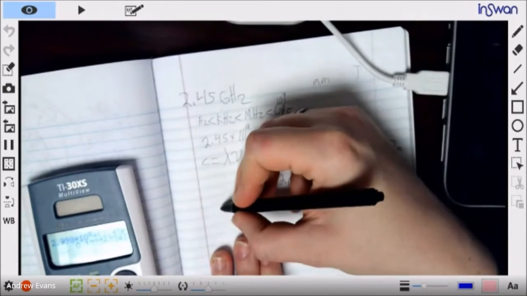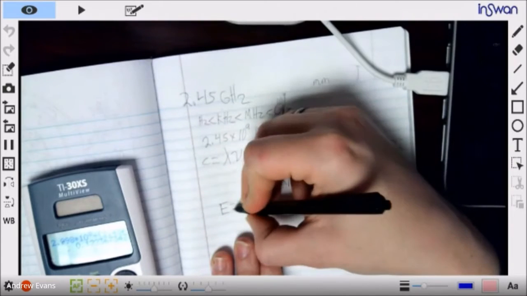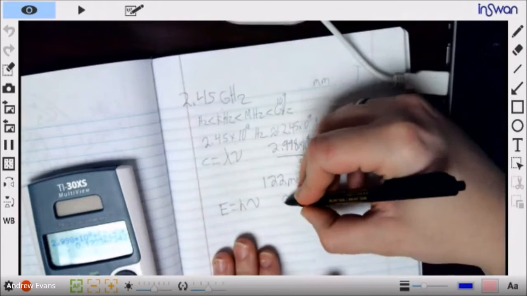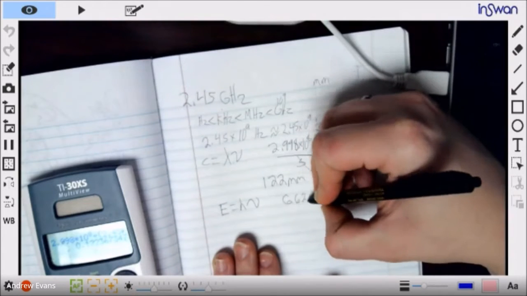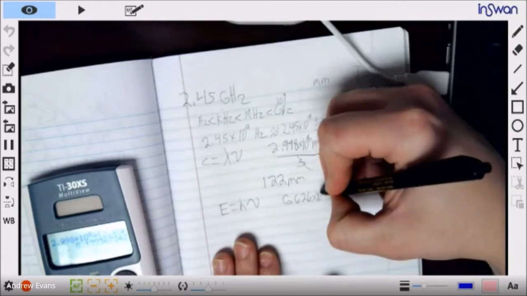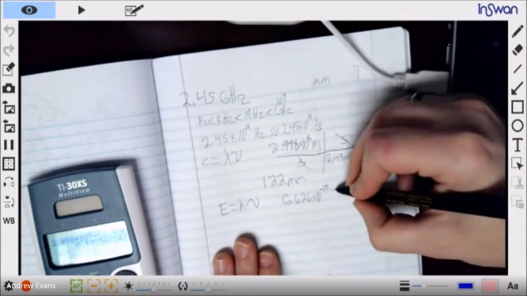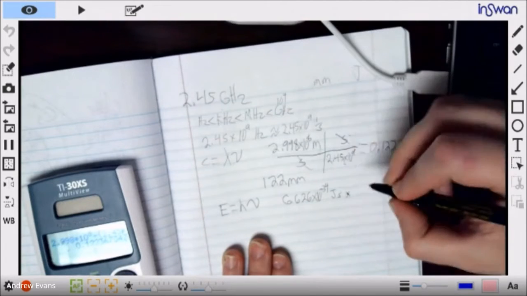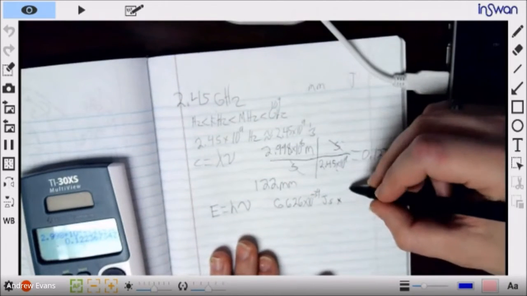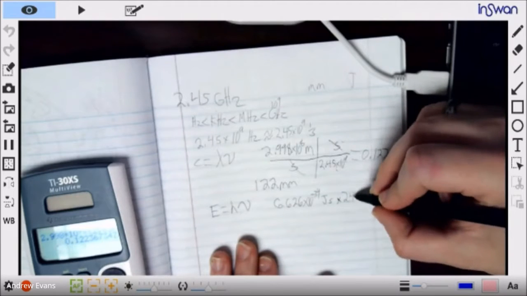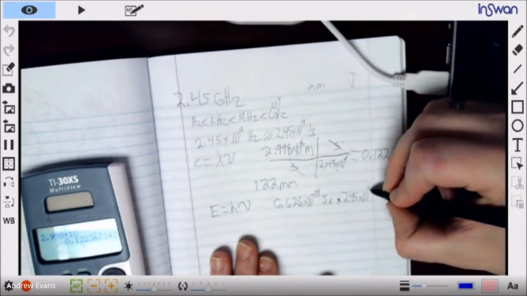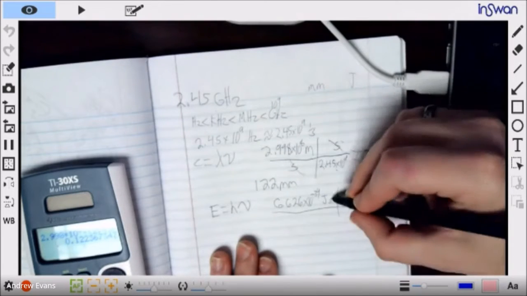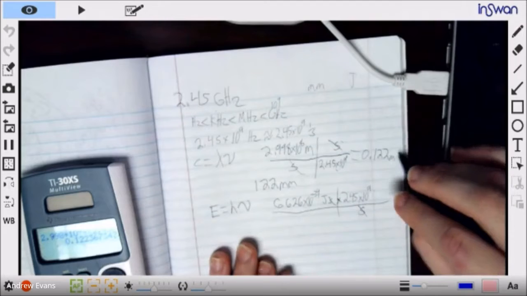Well, energy is equal to h nu. h is a constant, 6.626 times 10 to the negative 34th joule seconds. So if you multiply this by our frequency, which remember was 2.45 times 10 to the 9th inverse seconds, seconds and seconds cancel out, we're left with an answer in joules.